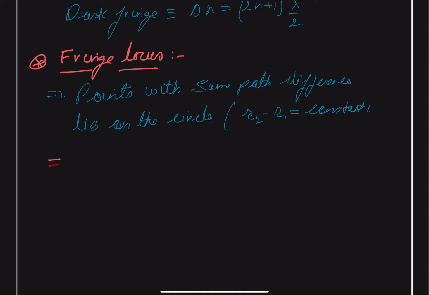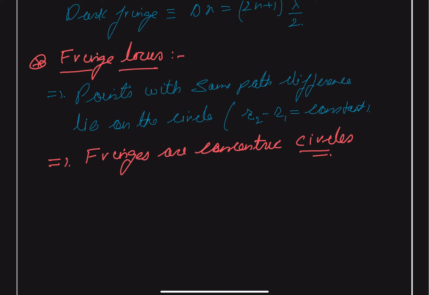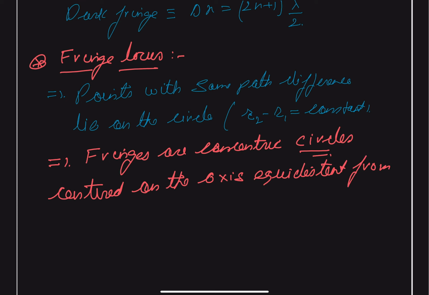Based on this, we can say that the fringes are concentric circles, centered on the axis equidistant from the sources.